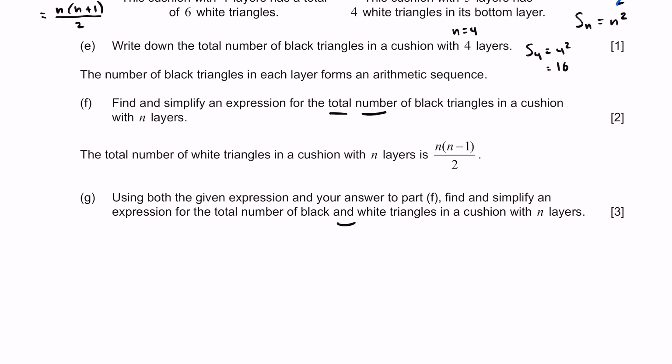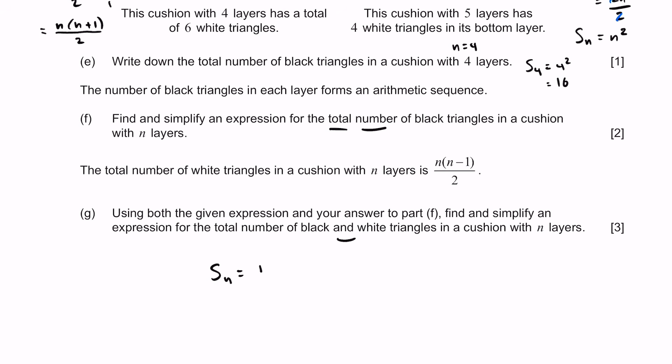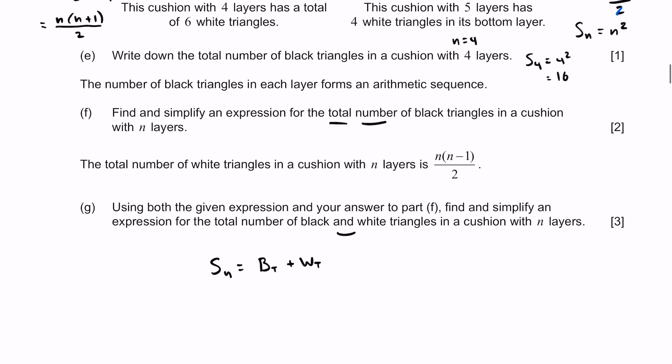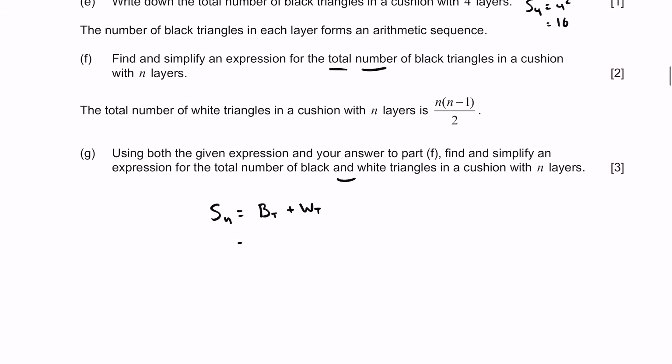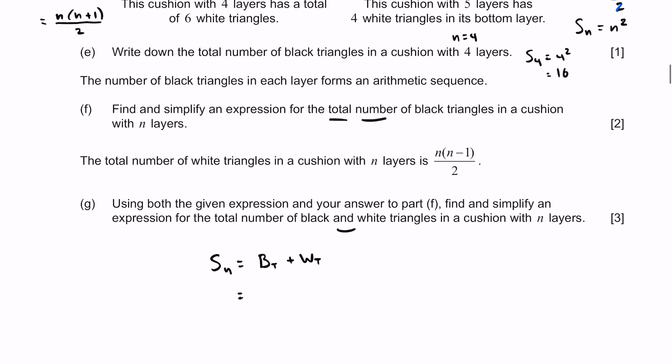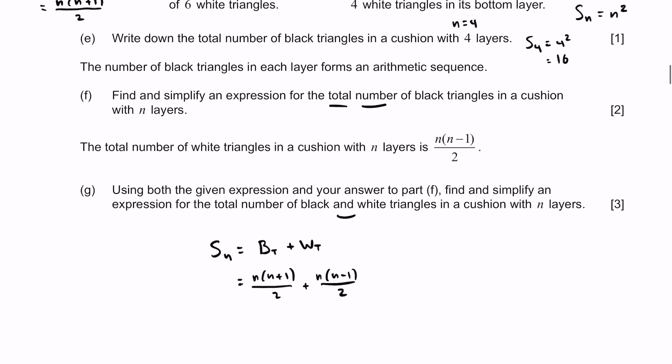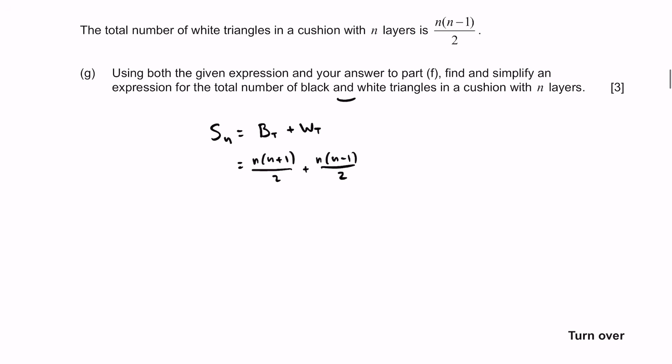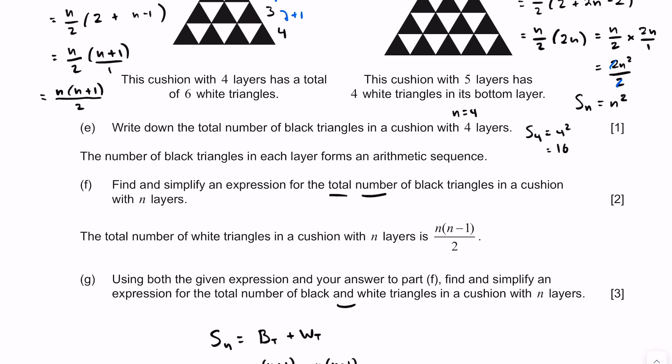So Sn, the total number of triangles, is equal to black triangles plus white triangles. In this case, black triangular prisms is given by n plus 1 over 2, and white triangular prisms is given by n minus 1 over 2. Now we're going to need to do some algebra, but we know the endpoint.